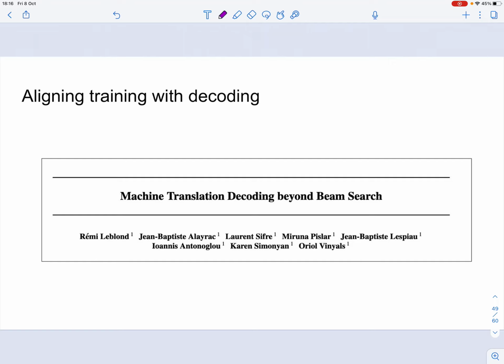It's a work called Machine Translation Decoding Beyond Beam Search, which revisits this problem and basically suggests a number of reinforcement learning algorithms to integrate the decoding objective into the training procedure. Again, I can highly recommend to check out this work.